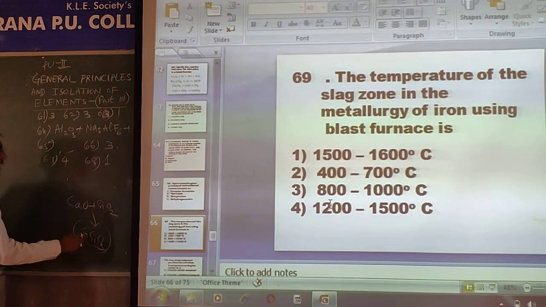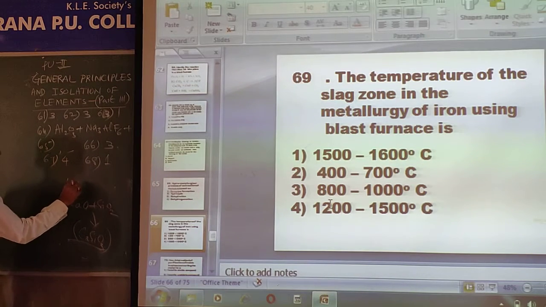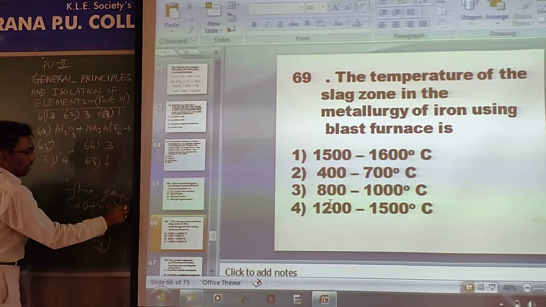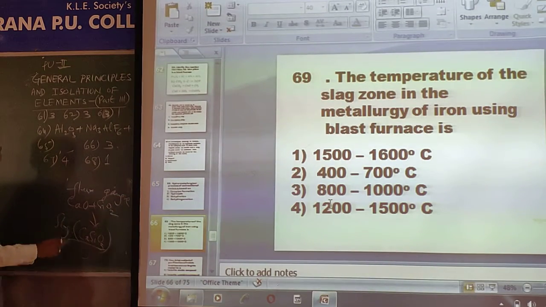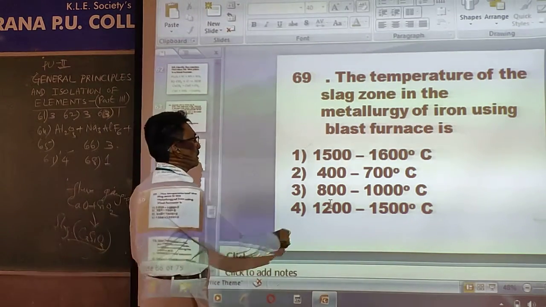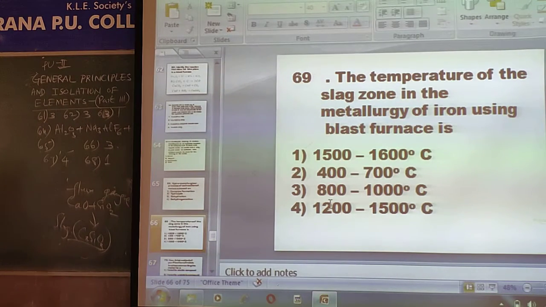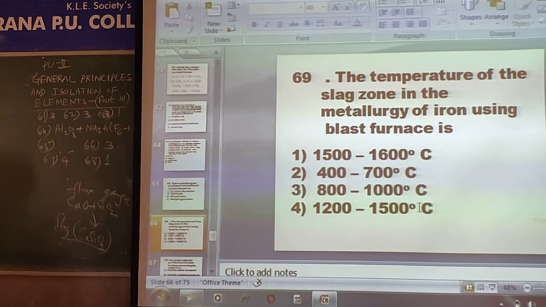This is flux, this is gangue, and this is slag. This is happening in the blast furnace in the extraction of iron. So the answer is 800 to 1000 degrees centigrade, 69.